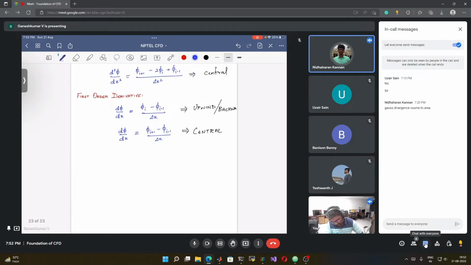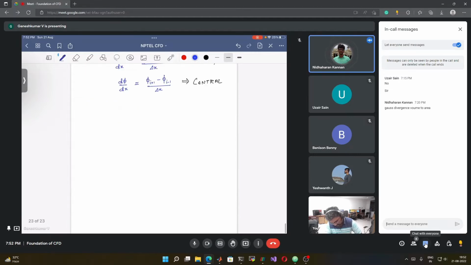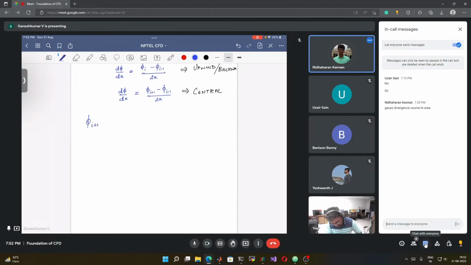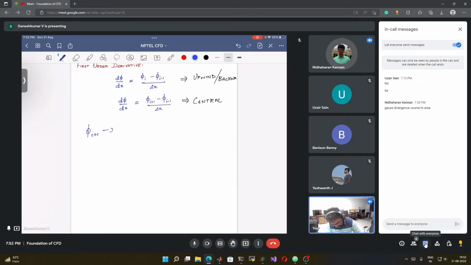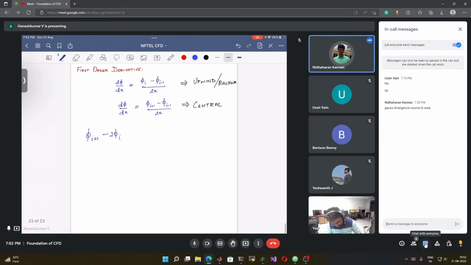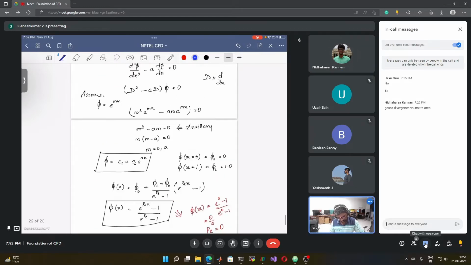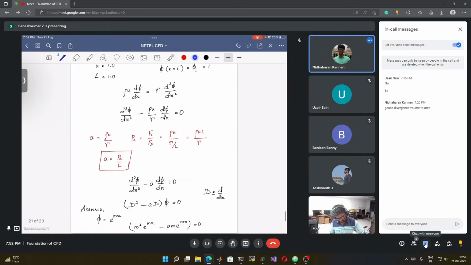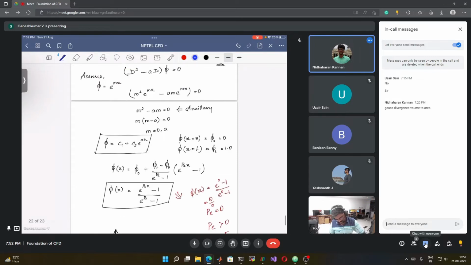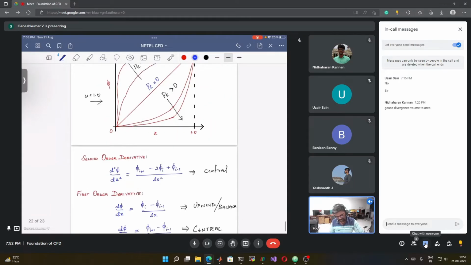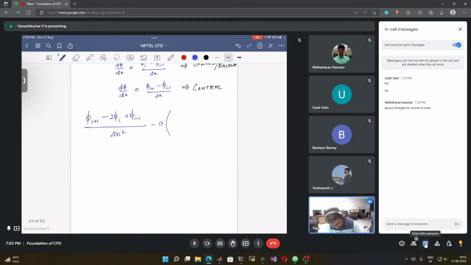So let's say you are trying to model this. The equation will have first a second order derivative, which would be phi of I plus 1 minus 2 phi I plus phi of I minus 1 divided by delta x square, minus a times d phi by dx equal to 0. So how do we do this?